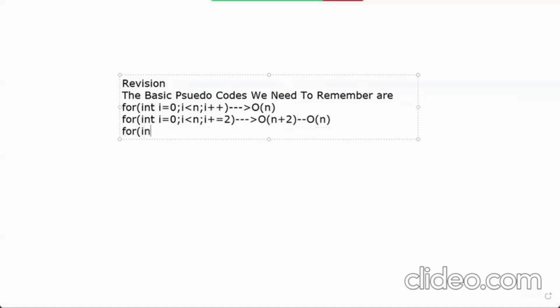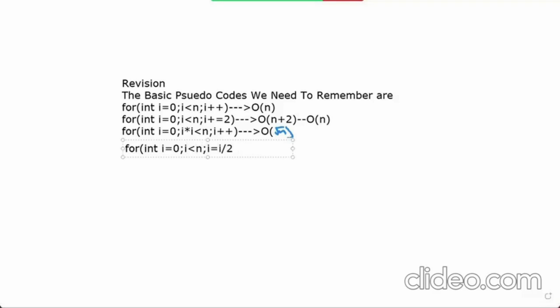For for (int i = 0; i * i < n; i++), we can treat it as big O of root n. Then the other pseudocodes which we have discussed: for (int i = 0; i < n; i = i / 2), the time complexity is big O of log n.